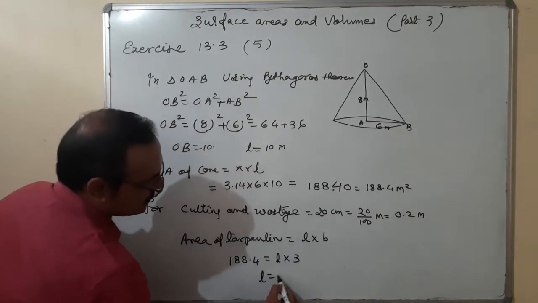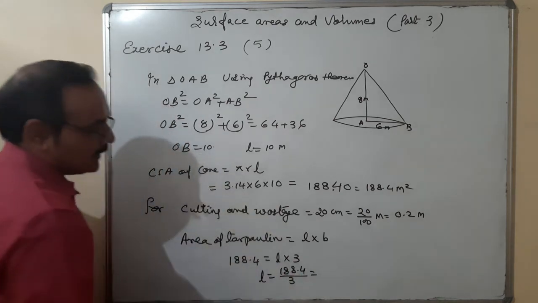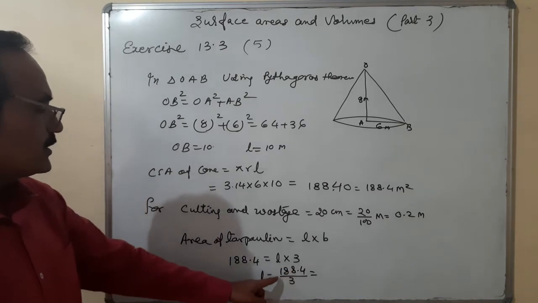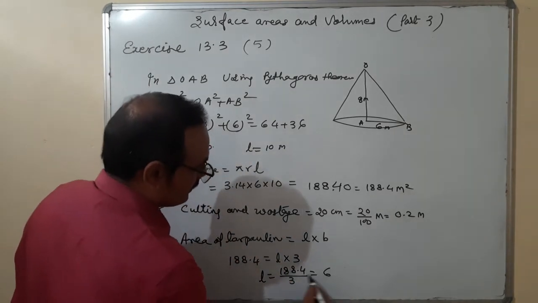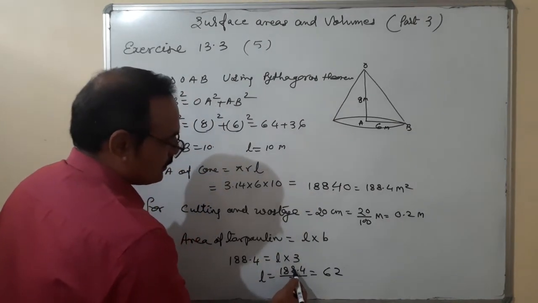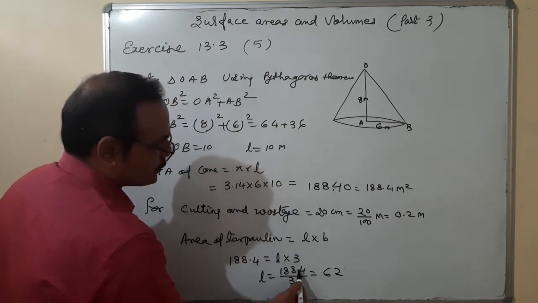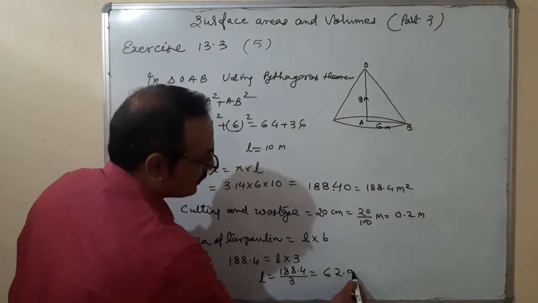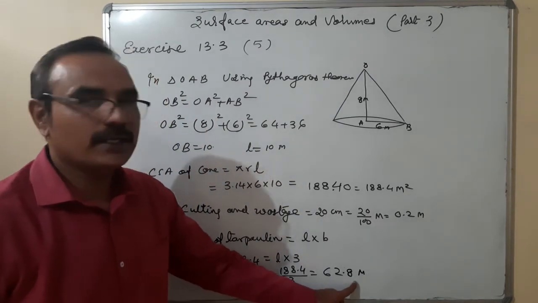So length is equal to 188.4 upon 3. When I divide, 18 divided by 3 is 6, and so on. Length is equal to 62.8.